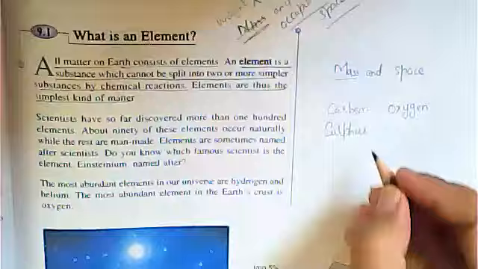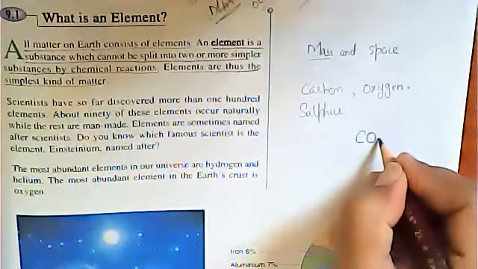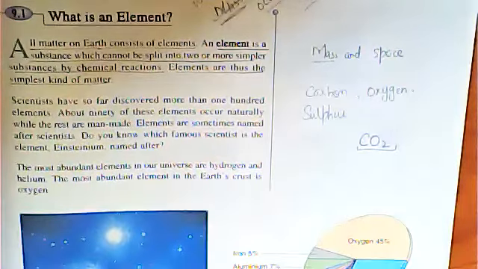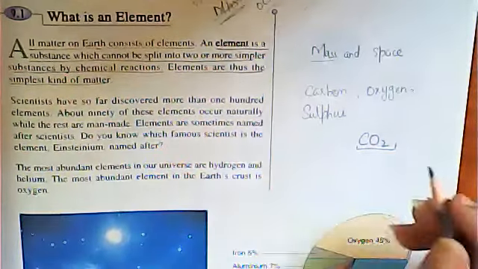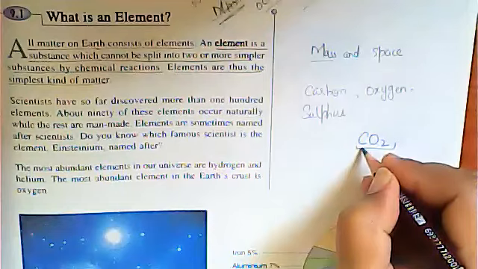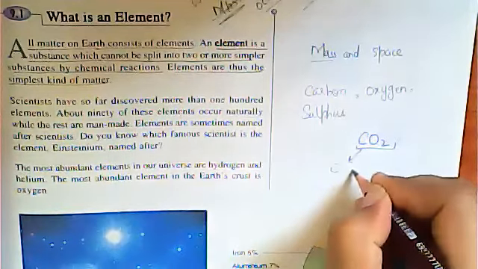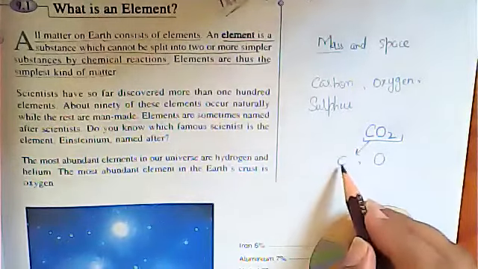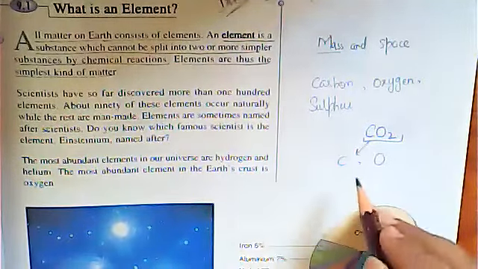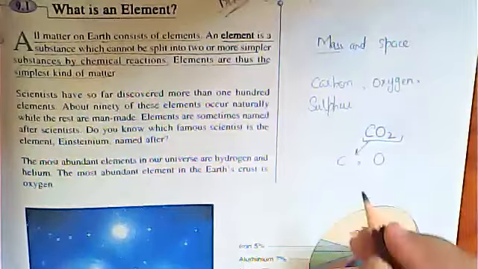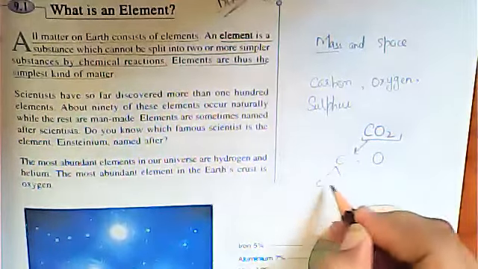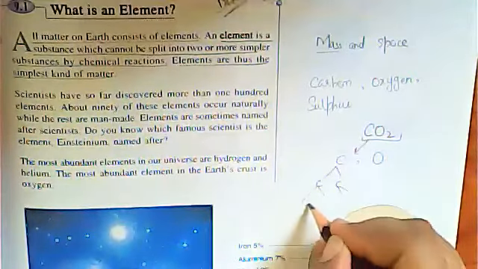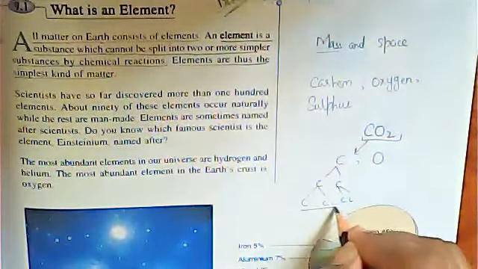Suppose you have carbon dioxide. Carbon dioxide is a compound. Why? Because it can be broken down into simpler forms, carbon and oxygen. But if you break carbon into further pieces, it will remain carbon. Even if you bring it to its atomic form, it will remain carbon.